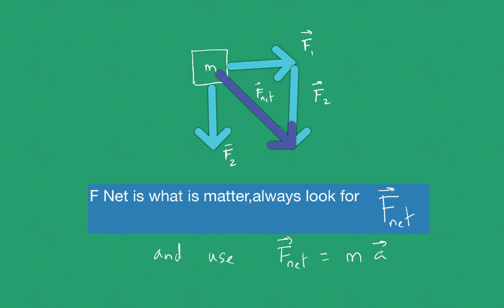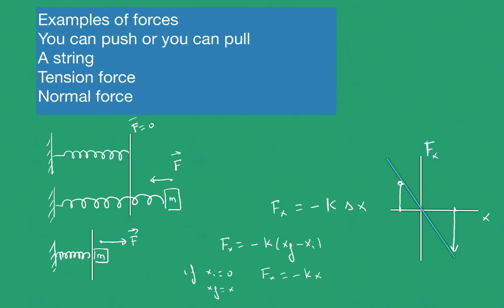The acceleration is the net force divided by the mass of the object. So F net is what matters. What matters is the net force. So you always look for the net force to find the acceleration of the object, to find the change in the velocity vector.